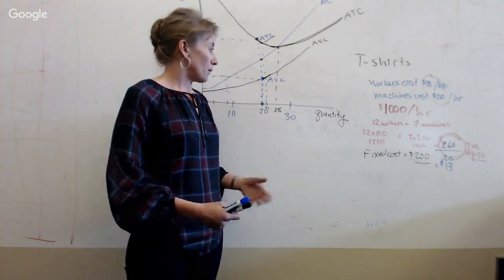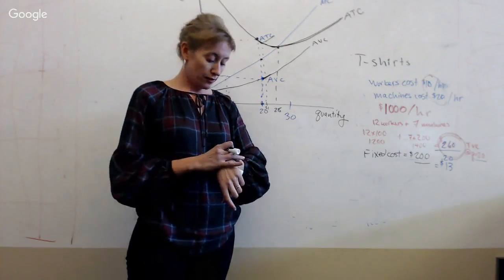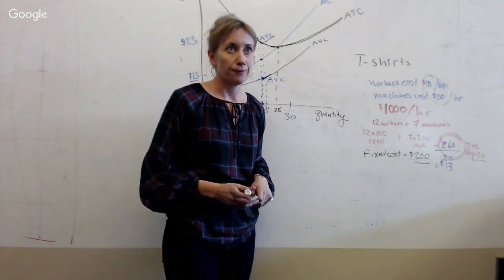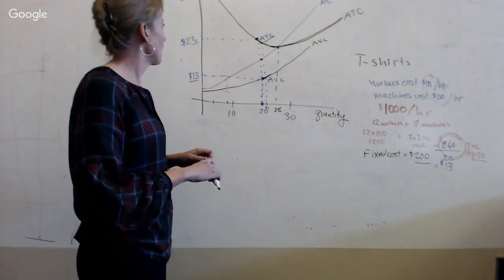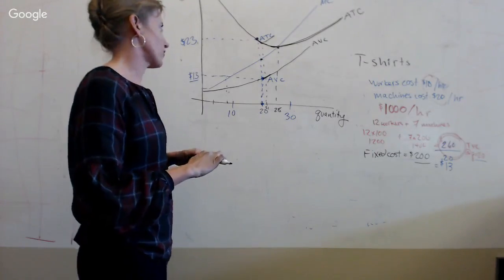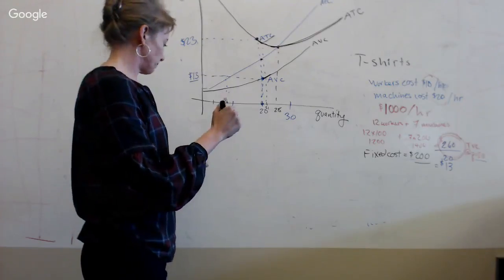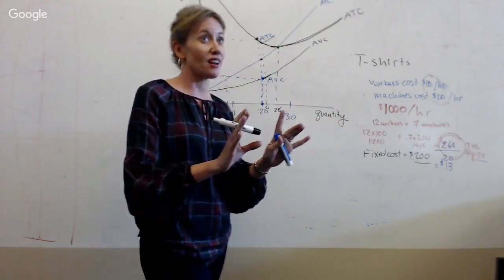So our firm is going to take the price of t-shirts as given. So let us pick a price for t-shirts. These are going to be super fancy t-shirts, but we're still not able to differentiate them.